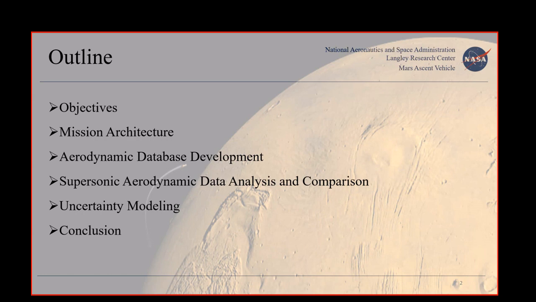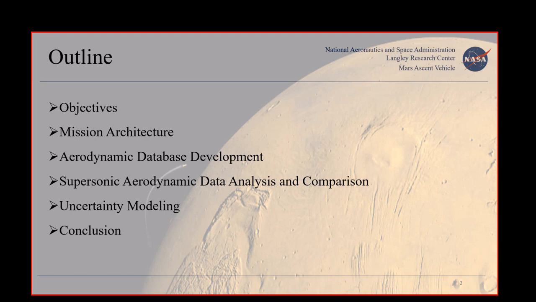So moving forward, I'm going to break this talk into four main parts. First is going to be the mission architecture of MAV and where it falls within the operation of returning samples from Mars. Then we'll transition into the aerodynamic database and how we do aerodynamic modeling in our branch. It can be done in many different ways, but within our branch, we do it in a certain way.